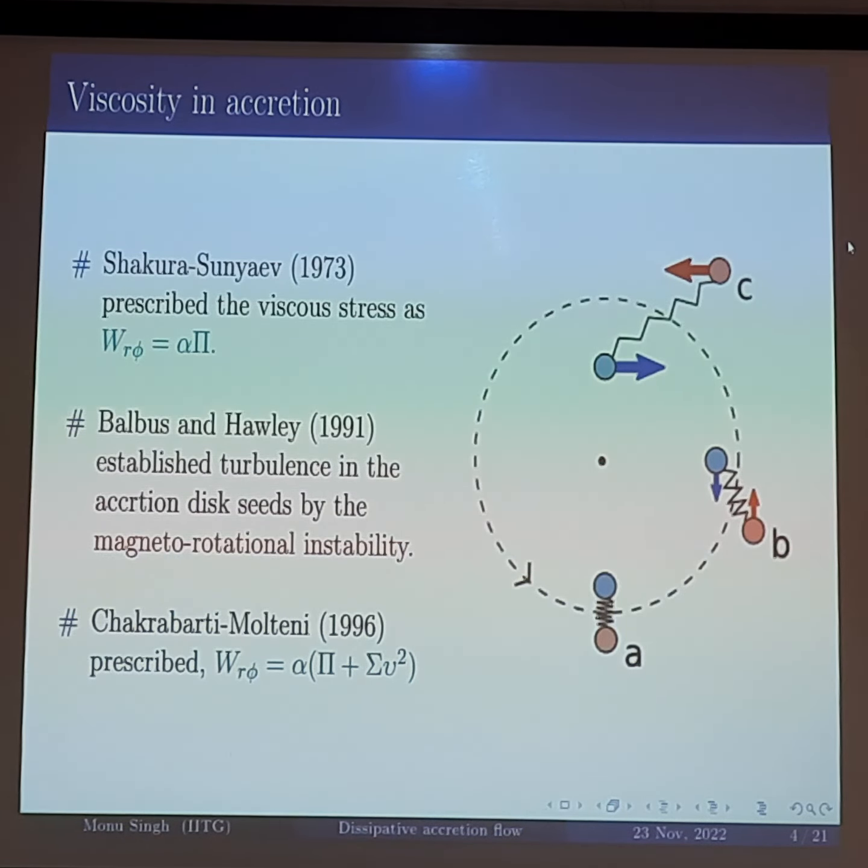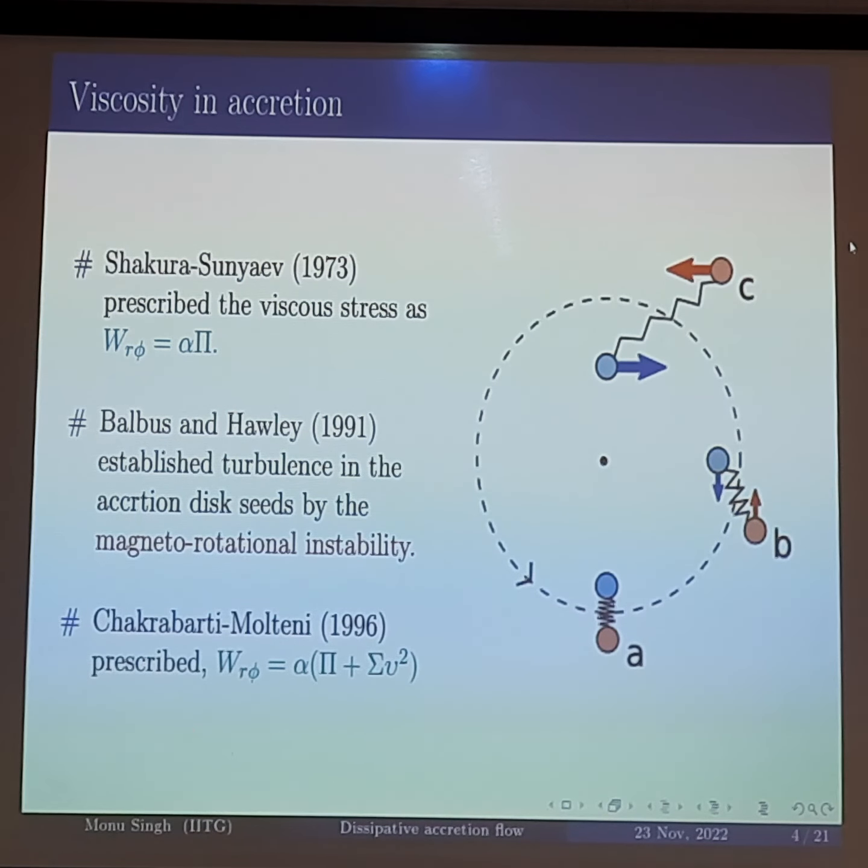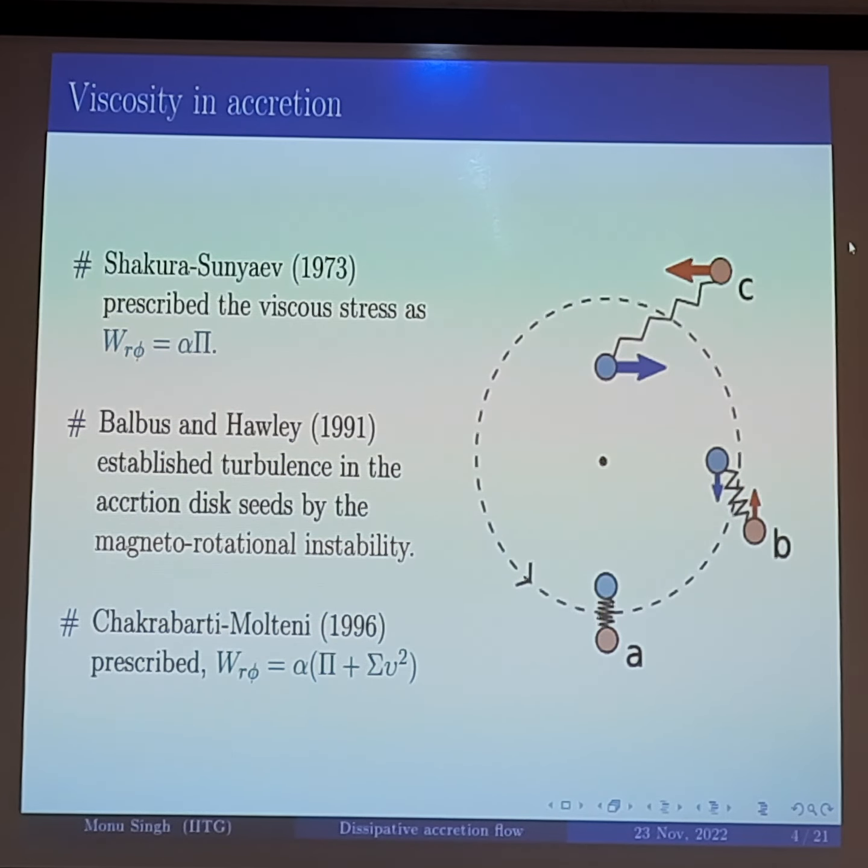But what seeds this turbulence was not clear until Balbus and Hawley, who showed that if there is differential rotation and a magnetic field, the magnetic field acts as a tension, like a rubber band. Let's say we have a central mass and two blobs of mass, an inner one and an outer one.